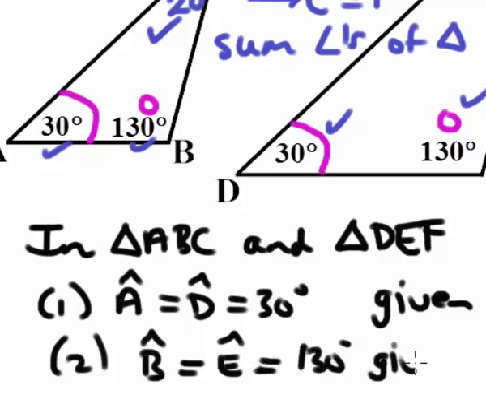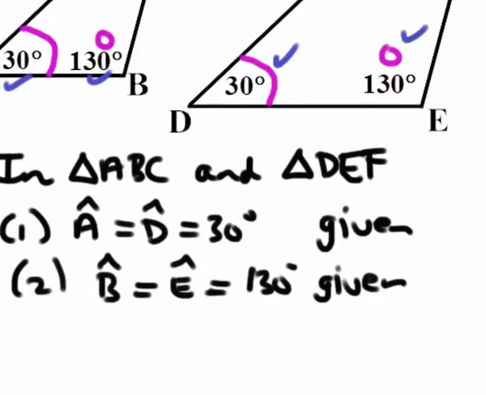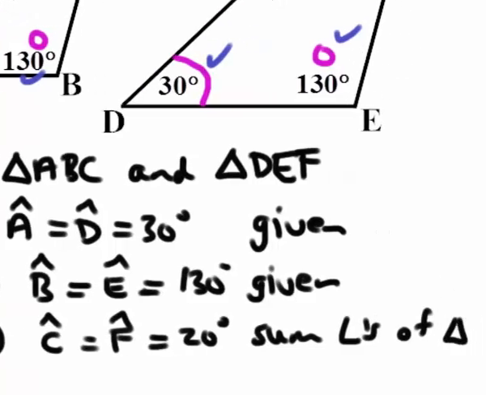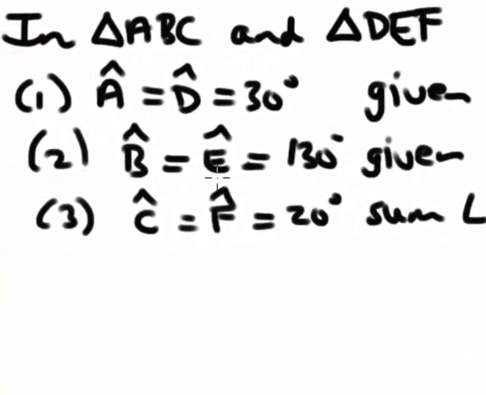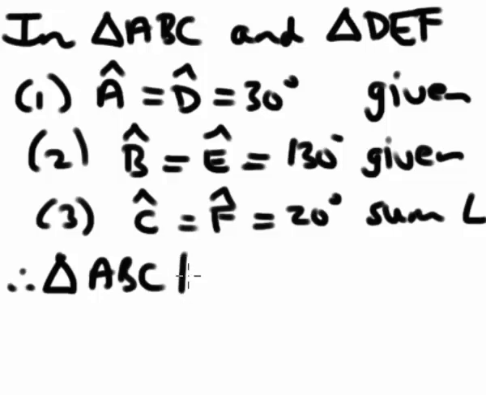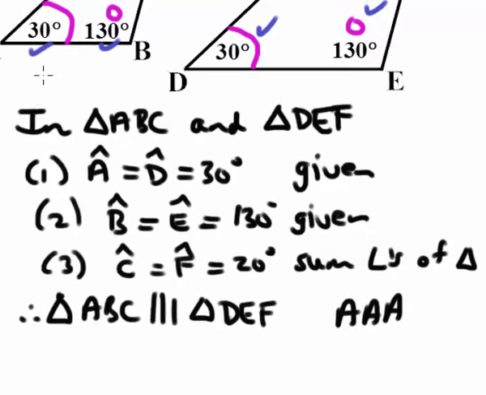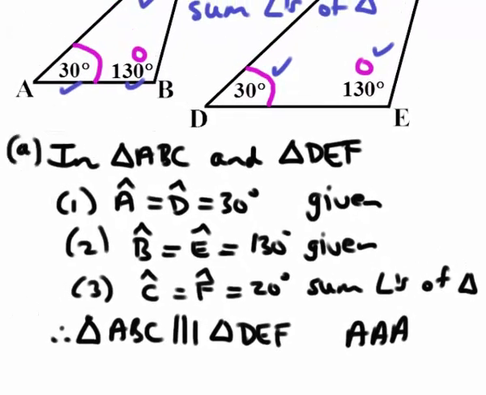That is also given. So what's your conclusion about the third pair of angles? Angle C is equal to angle F must be 20, from the sum of the angles of a triangle. And then, if the three pairs of corresponding angles are equal, we can say therefore triangle ABC is similar to triangle DEF. So there's your A part of the question.